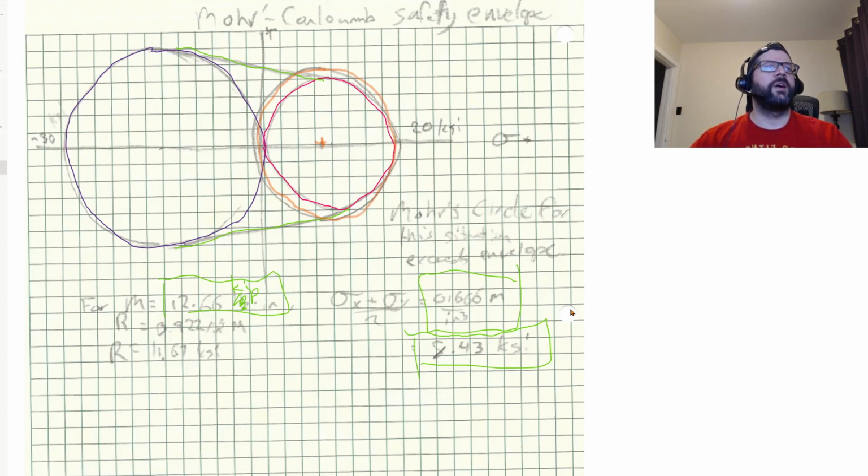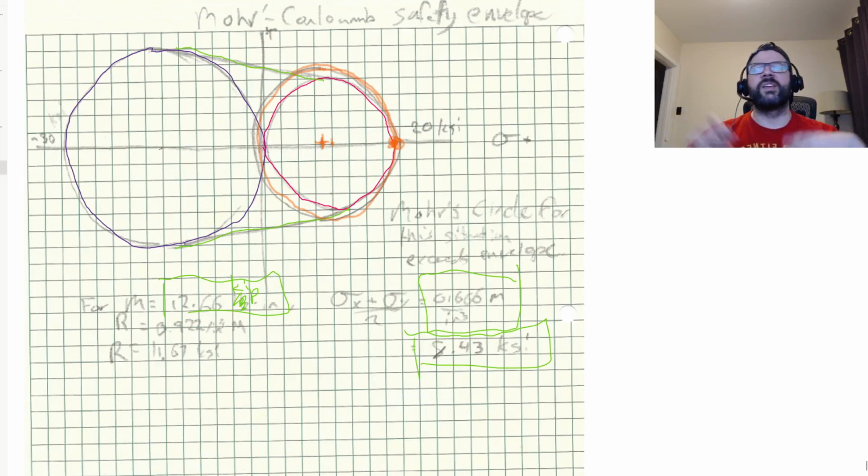Basically, it's meeting at the same point at the very far end, but since its radius is larger, because its center is a bit to the left of the center of the circle for the 20 ksi tensile test, the rest of it is outside that safety envelope.